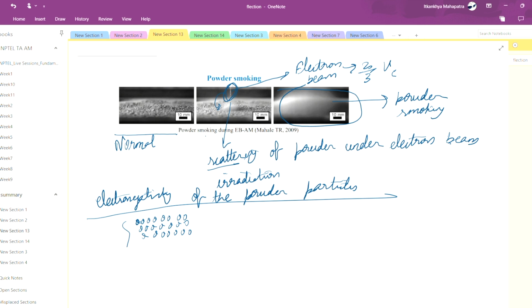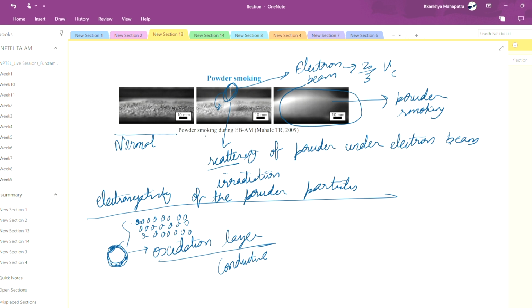So these powder particles are in contact with the air, so this forms some type of oxidation layer. Suppose this is a powder particle and this is a layer, so you can see there will be an oxidation layer. This oxidation layer is not conductive.